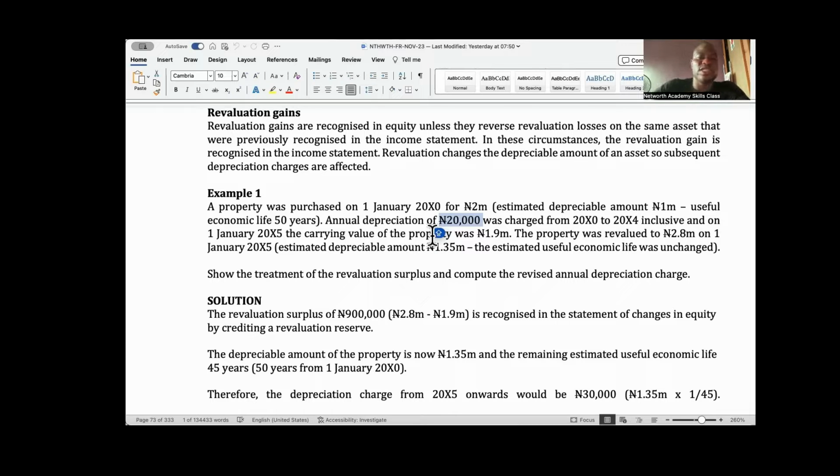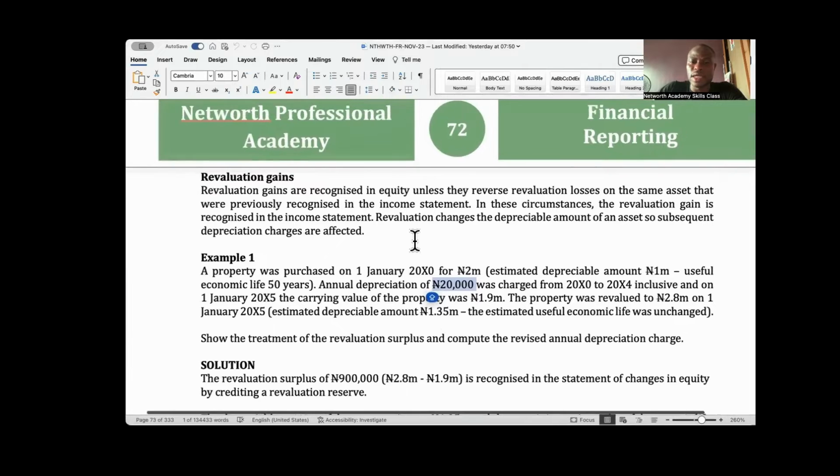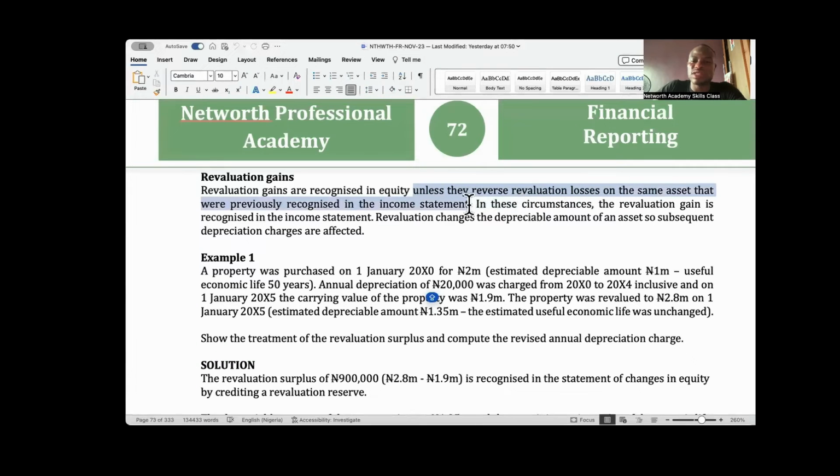However, I told you earlier on that, yes, revaluation gains are recognized in equity, unless they reverse revaluation losses on the same asset that were previously recognized in the income statement.